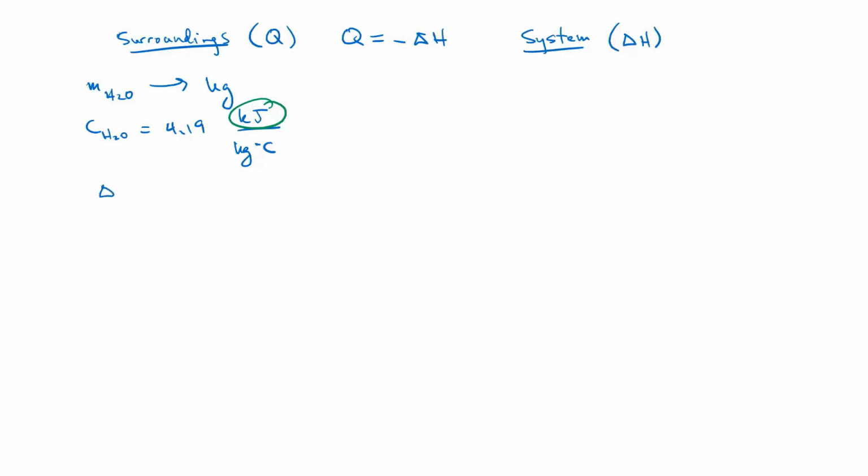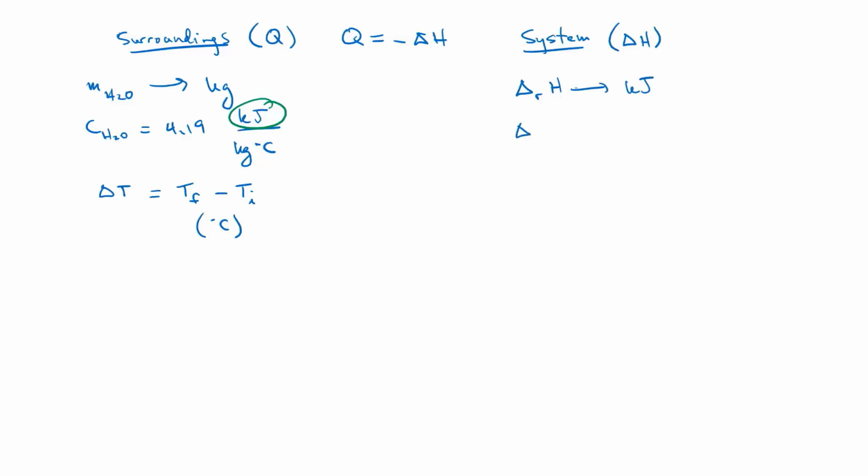And of course, there is also a delta T, or a change in temperature, and the way we calculate this is by taking our final temperature and from it subtracting our initial temperature, and of course this is going to be measured in degrees Celsius. With our system, we have the delta H for that reaction. Just like Q, we want this to be measured in kilojoules.